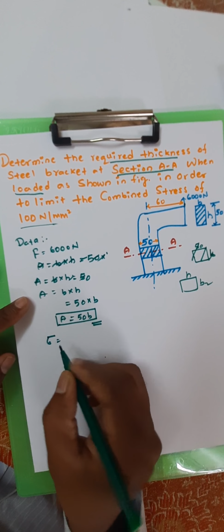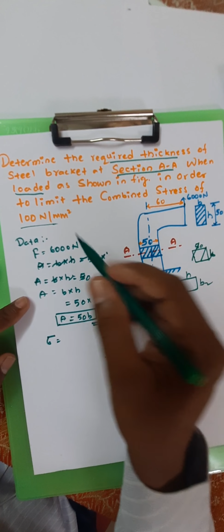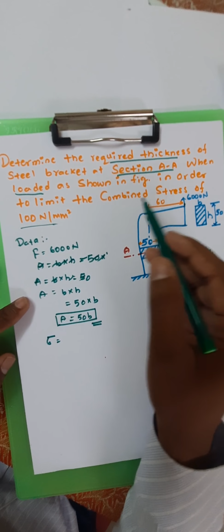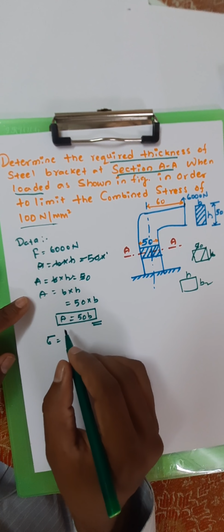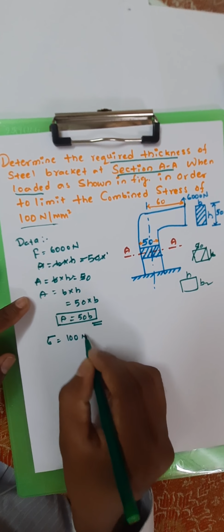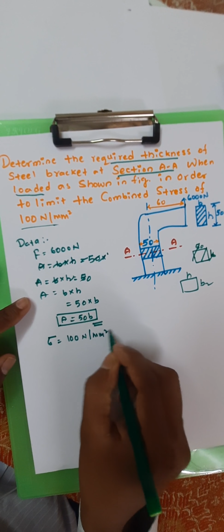Then what is the value we have? Sigma, the combined stress. In order to limit the combined stresses to 100 Newton per mm square, sigma is equal to 100 Newton per mm square.